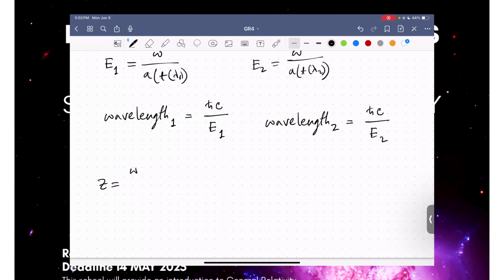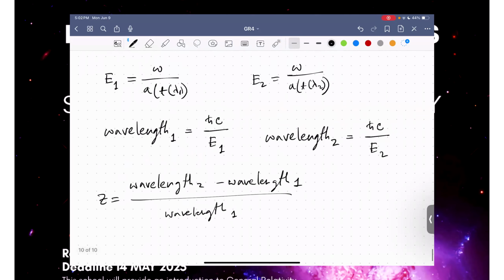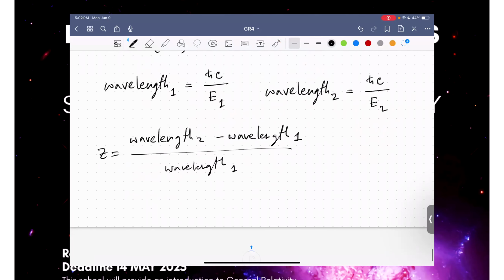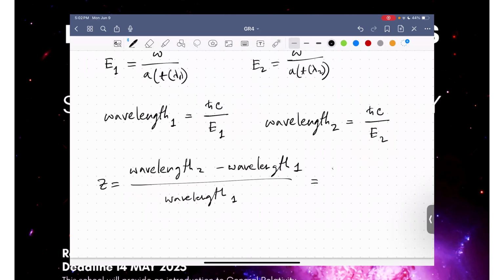So then the redshift is wavelength 2 minus wavelength 1 divided by wavelength 1. If you substitute for these expressions, for E1 and E2, what you will find is that this is equal to A of t lambda 2 divided by A of t lambda 1 minus 1.